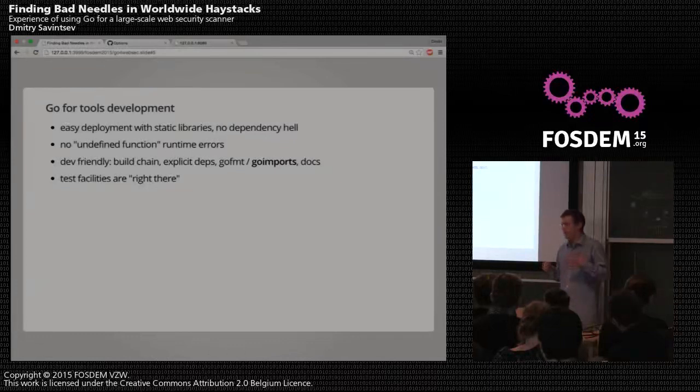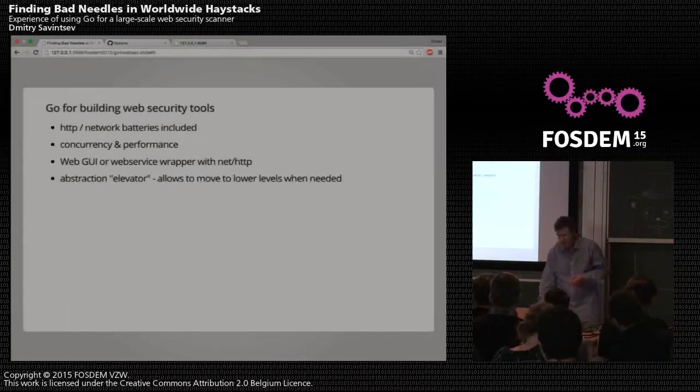And when you're reviewing code, if you see that there are no underscore test files, then there's something wrong. And especially for web security tools, the advantages are the great HTTP stack and the whole network, kind of batteries included. Of course, concurrency and performance are important when you have to scan many thousands of sites and do it in reasonable time.